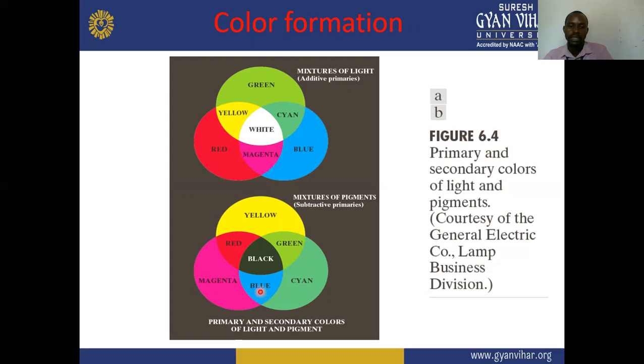When all these colors are combined together, they form black. So black is the subtractive of the primary colors. These are the primary colors that you have, and these are the secondary colors that you have whenever we perform subtraction.